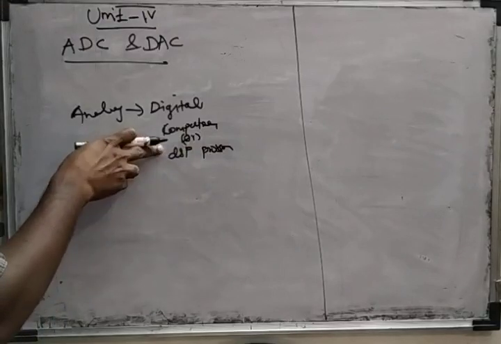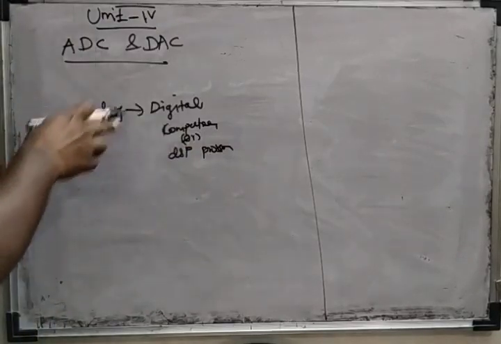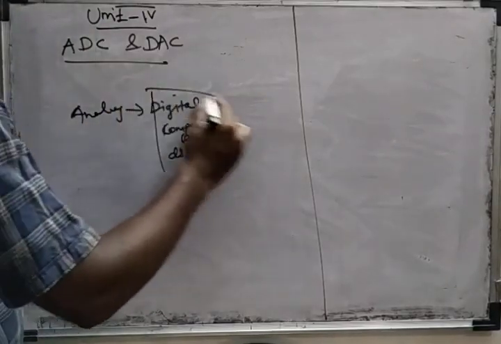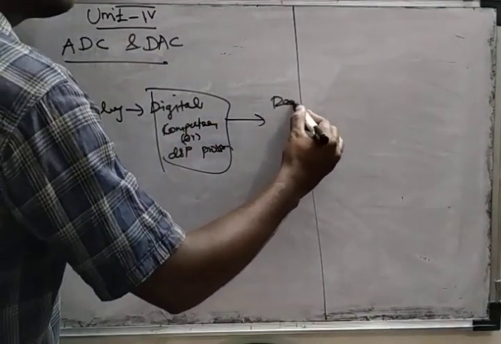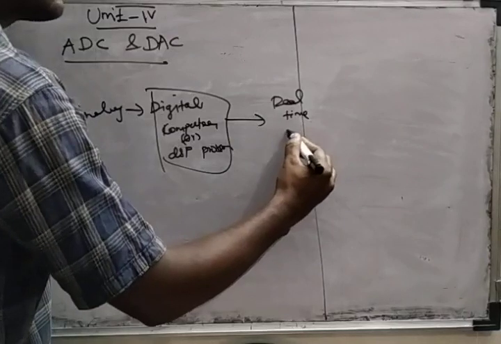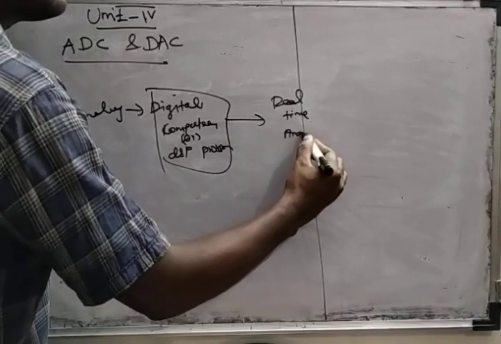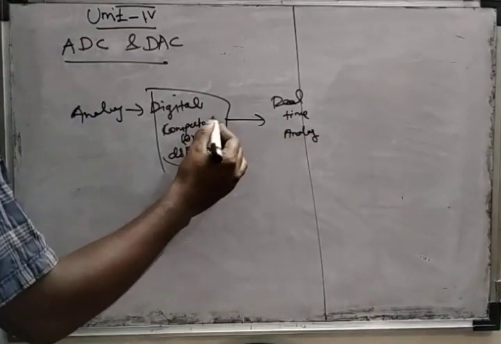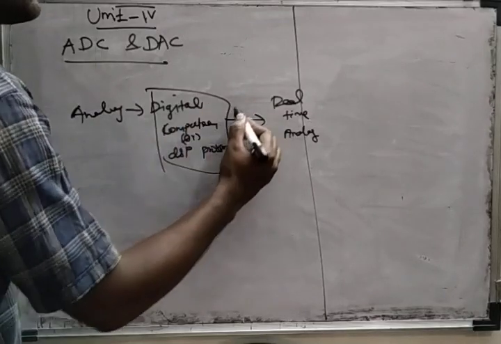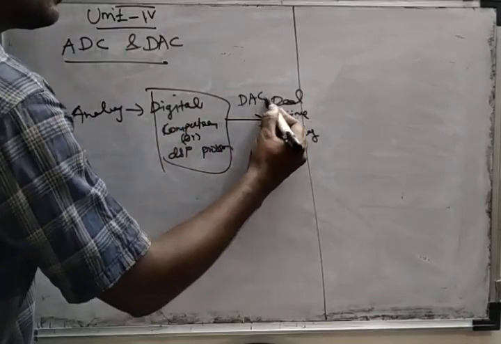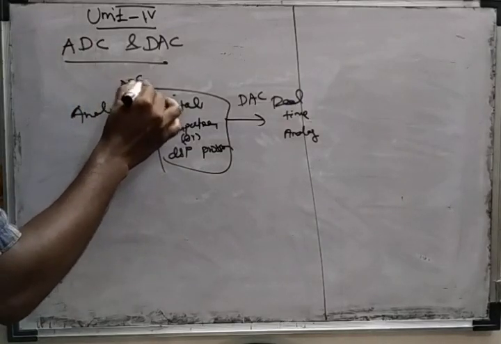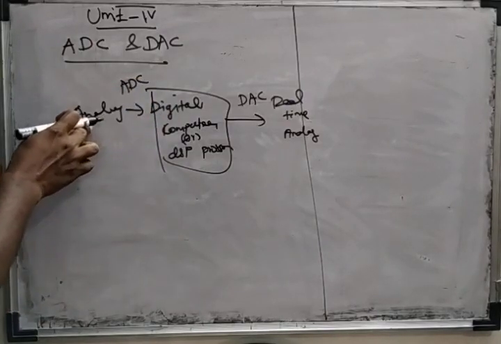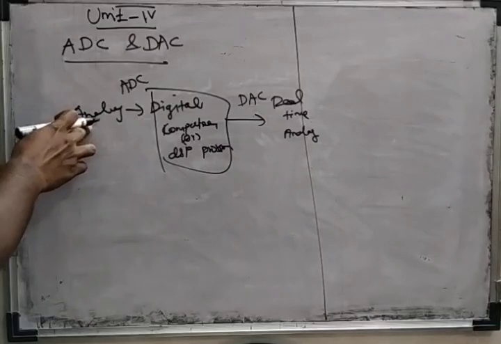Once it is processed, we convert this digital signal into a real-time analog signal by using the digital to analog converter. So by means of ADC, analog to digital converter, we are converting analog signal into digital signal.